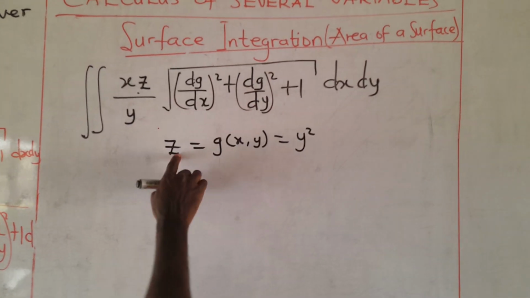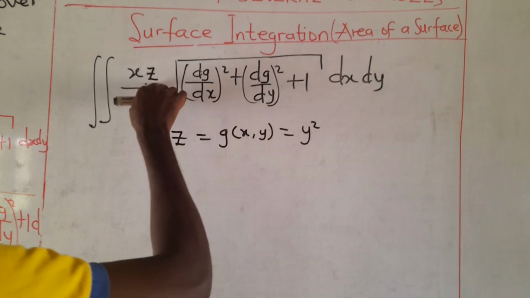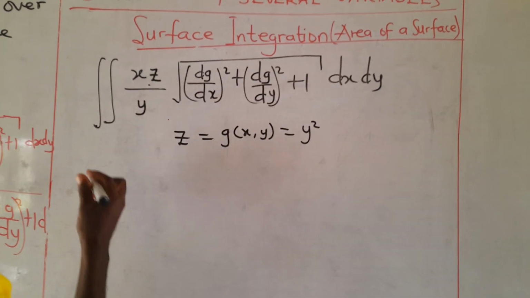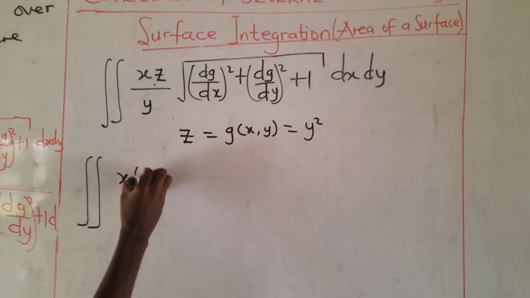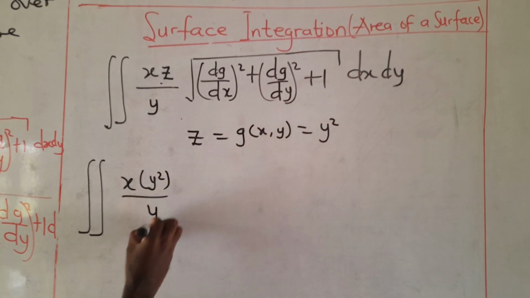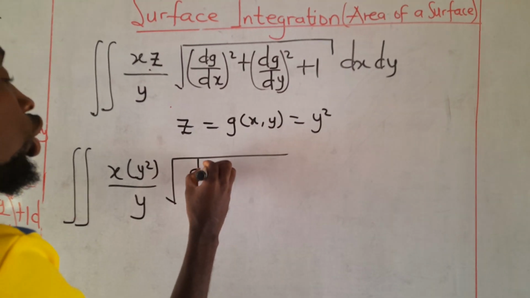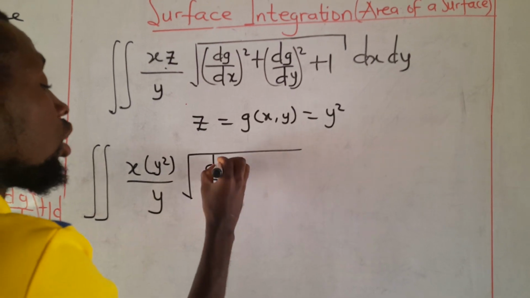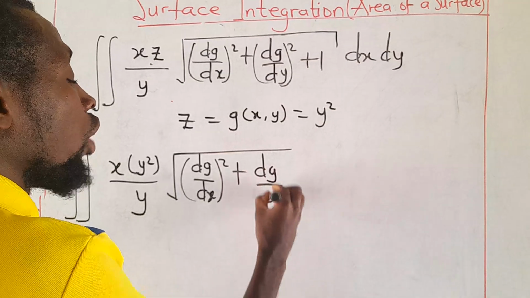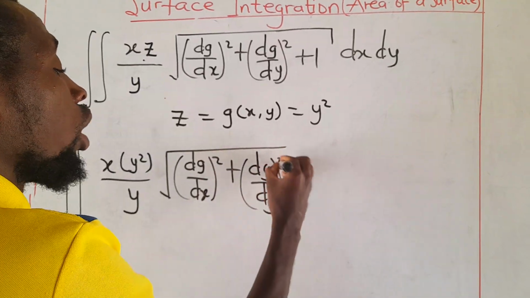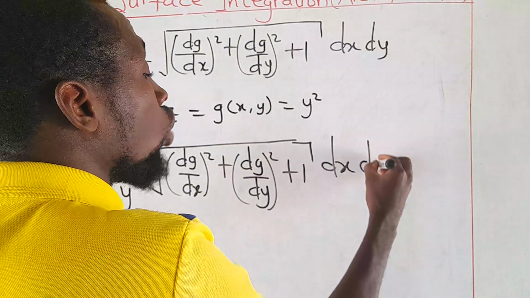So we substitute our z, which is equal to the function g depending on x and y, which is y squared. So in place of z, we substitute y squared. So we have the double integral of x times y squared over y, the square root of (dg/dx)² plus (dg/dy)² plus 1 dx dy.